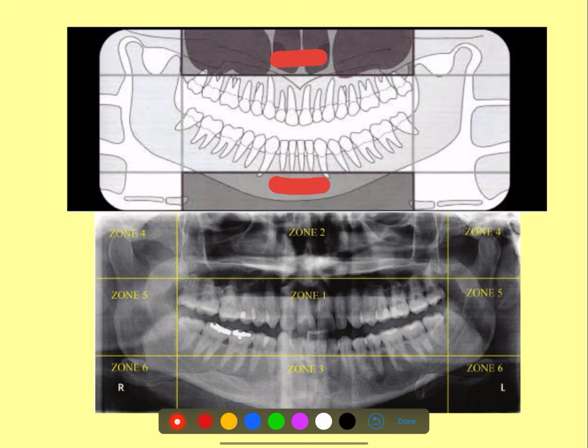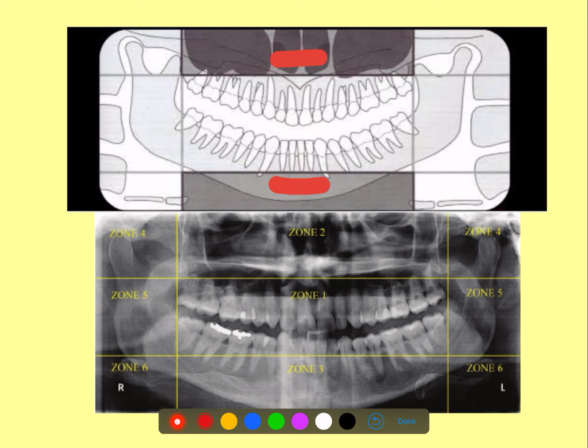This picture is given for the OPG zones. So we have to interpret the OPG in 6 zones. Zone 1 includes all the teeth and the supporting structures and the supporting bone. Zone 2 includes the nose and the sinuses.